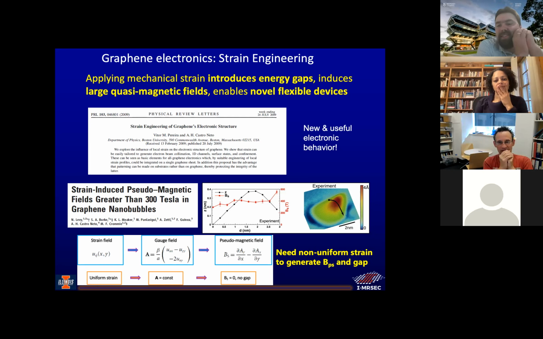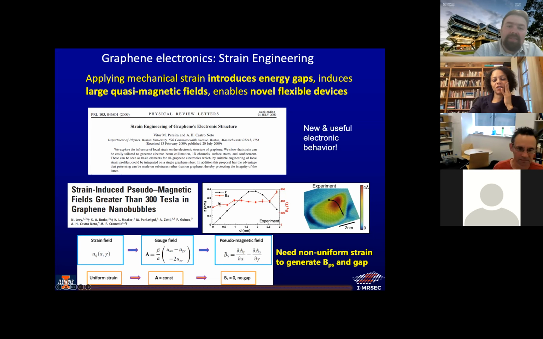I also have a question. How small is the magnetic length? So how many orbits are there per such dot, or this strained region? In this experiment, this whole structure is 2 nanometers, and the magnetic length would be about 3 nanometers, at 300 Tesla.